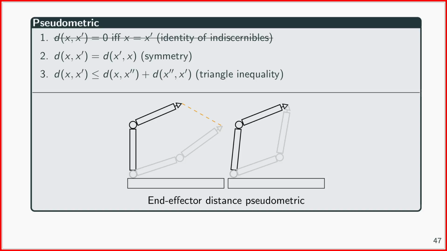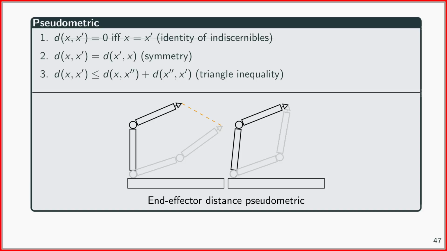So one way to define a metric is also by using this pseudo-metric, where you just get rid of this first assumption of the identity of indiscernibles. So now it can happen that you have two identical points and their distance is not 0, or the other way around, you have two points where the distance is 0, but they are not equivalent anymore.